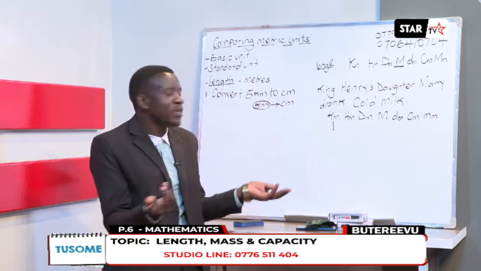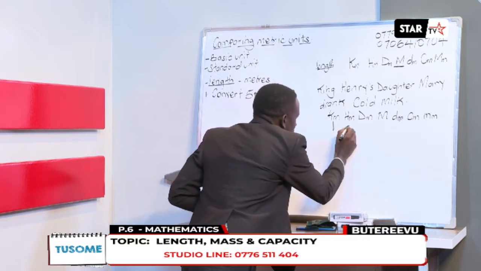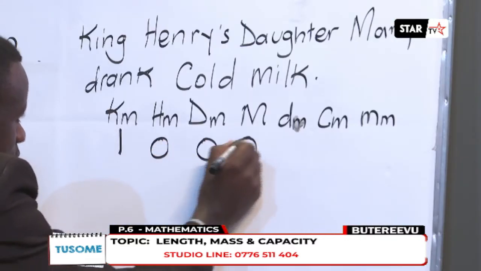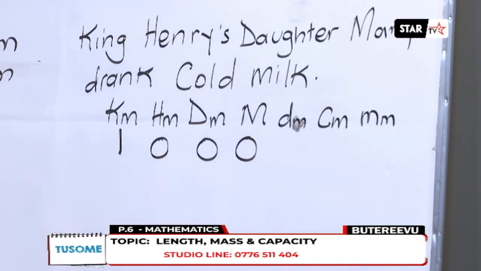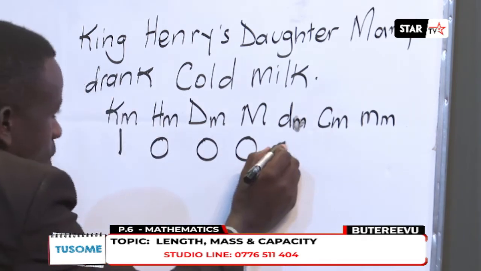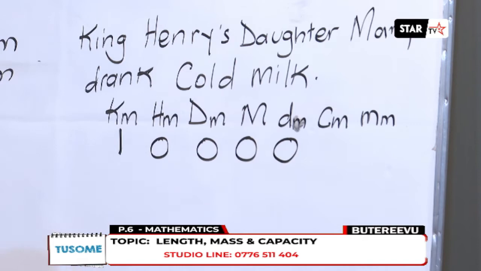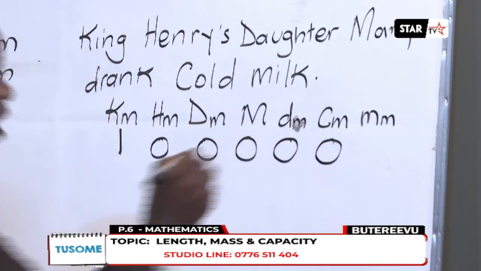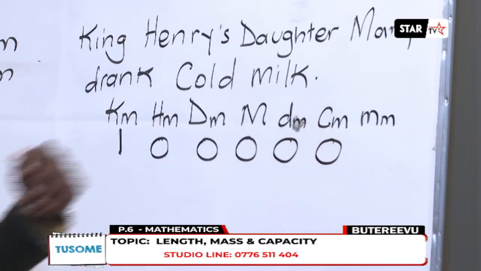I hope you can do it with me. So this will be 0, this will be 0, this will be 0, but I've not reached centimeters that I'm changing to. So I'm still looking for where centimeter is. This one also is another unit, it would be 0. Then another one, until when I put a 0 here, I would have reached centimeters.